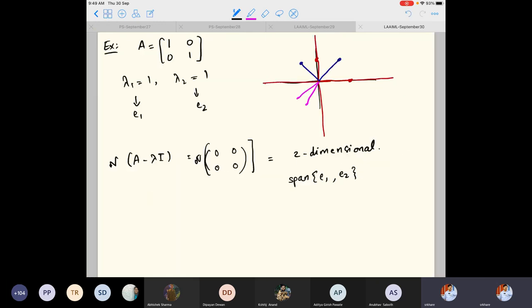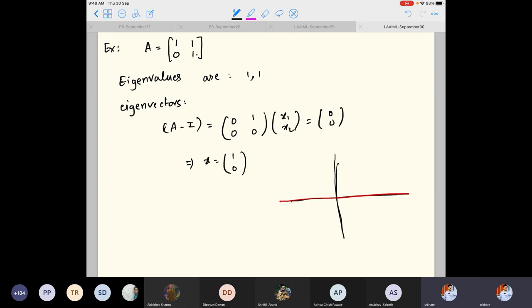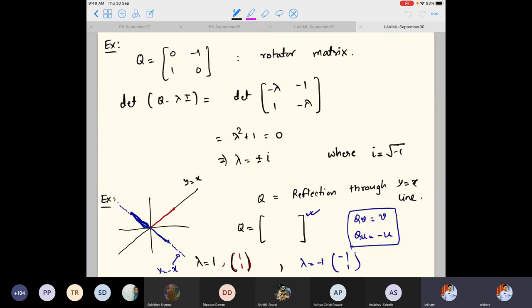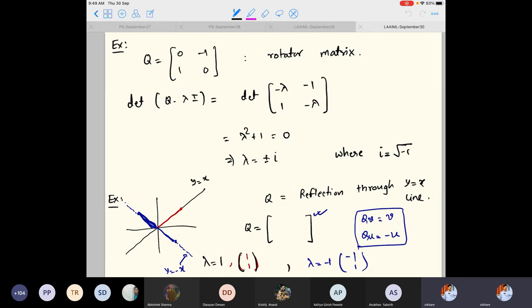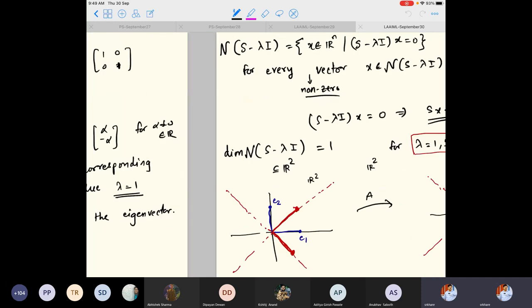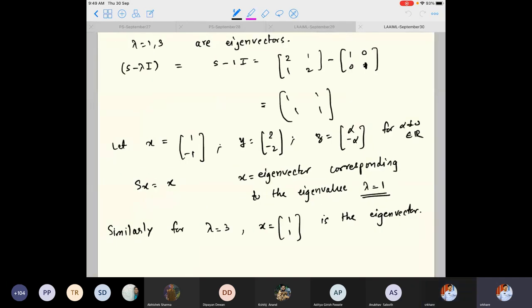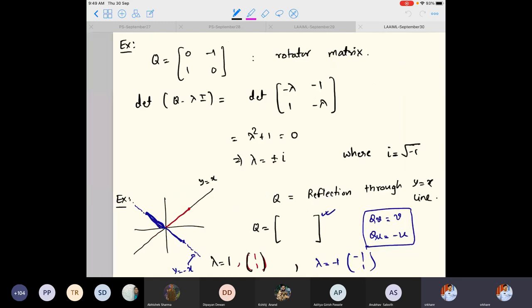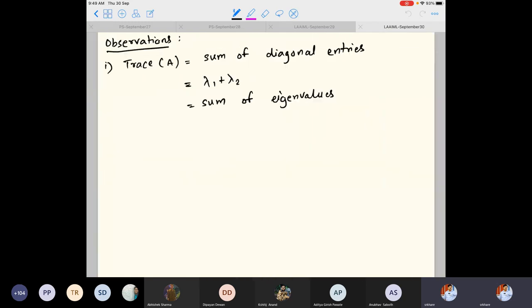1 plus 1, 2; 1 plus 1, 2, right? Everywhere you go, 8 plus 7, 15; 10 plus 5, 15. Everywhere. 0 plus i minus i, 0. You did not tell me the construction of this matrix, otherwise I could have done it for this also. Similarly, in this matrix also, 2 plus 2, 4; 3 plus 1, 4. So in all the examples that we have seen, the trace is equal to the sum of the eigenvalues. Similarly, the determinant of A is the product of the eigenvalues lambda 1 and lambda 2.